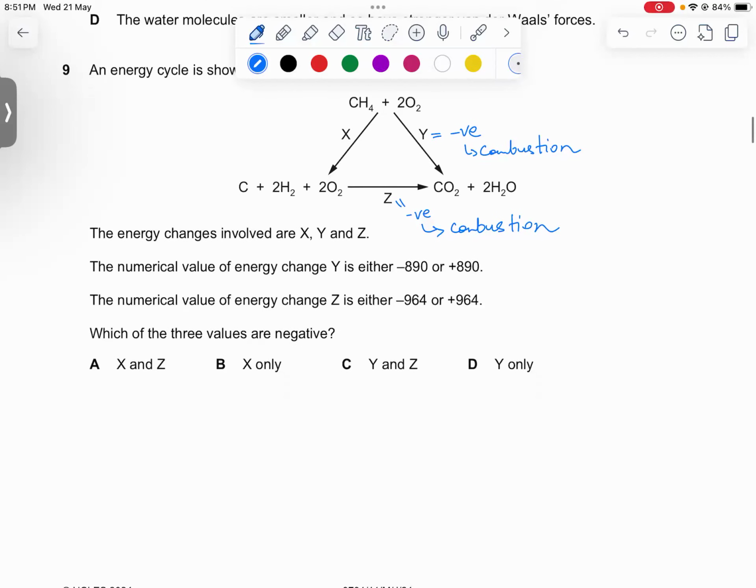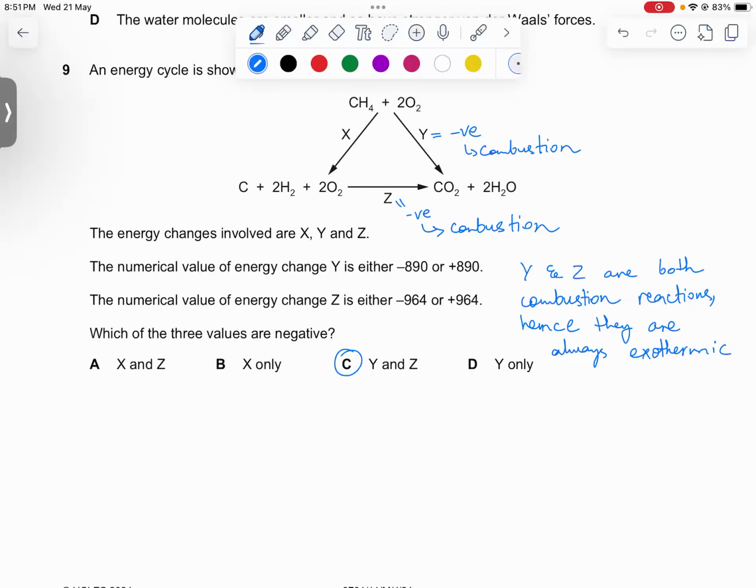So we'll say Y and Z are both combustion reactions. Hence, they are always exothermic. All right, so C should be the right answer.